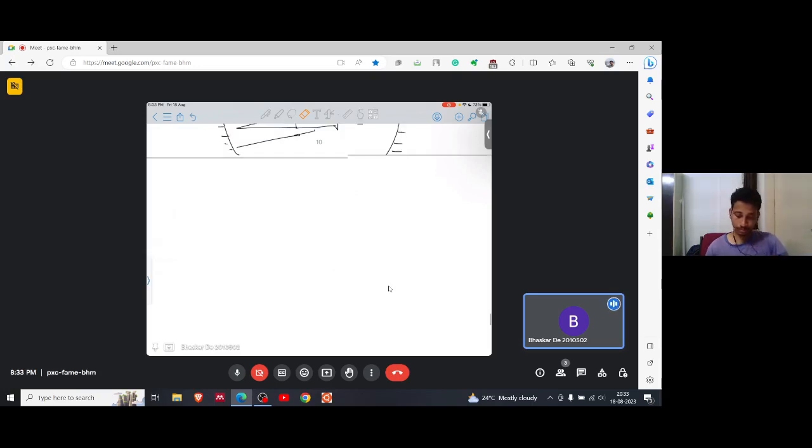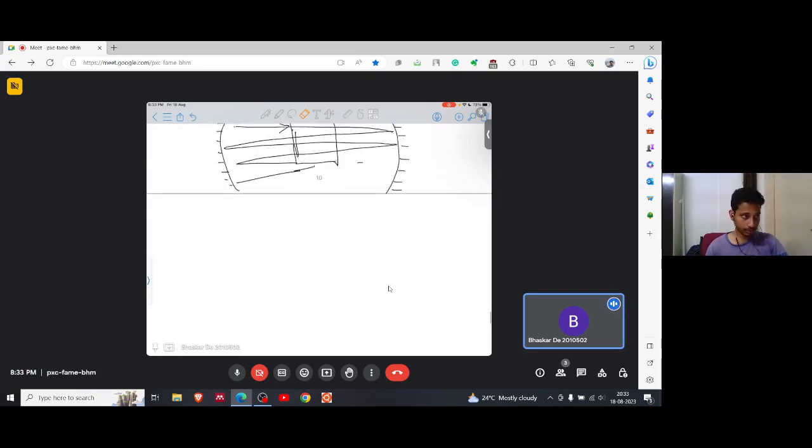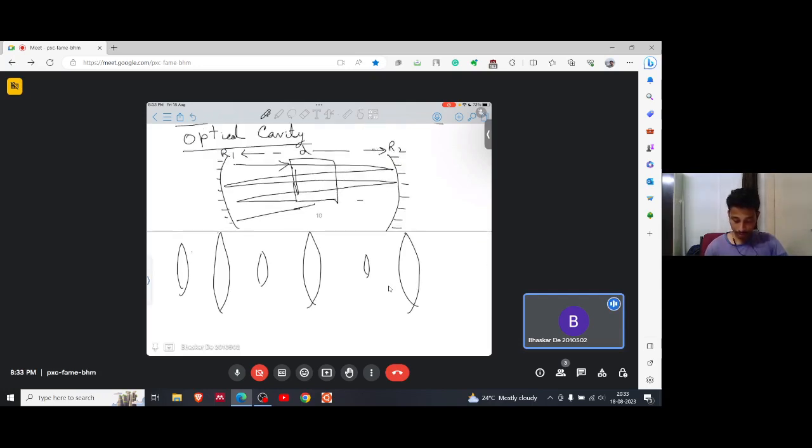Now if we draw the equivalent scenario for lenses, that will mean the ray is passing through lenses. Here one lens, then another lens, then another small lens, and so on.